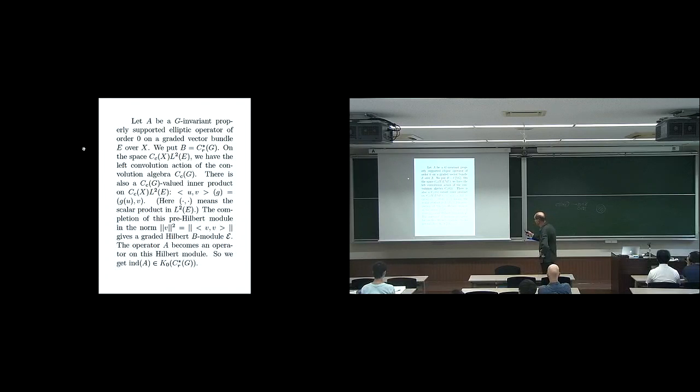So we can restrict our operator to these compactly supported L2 functions, and then we define the Hilbert module structure for these compactly supported functions with values in C star reduced of G.